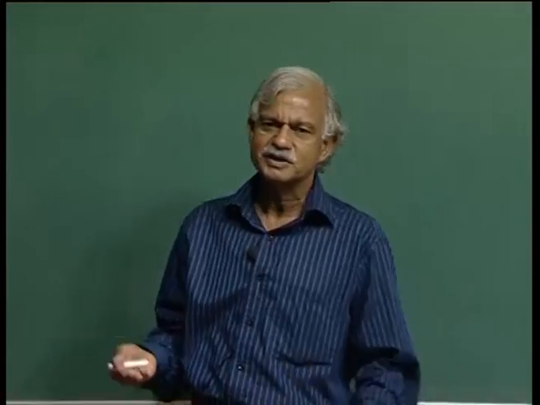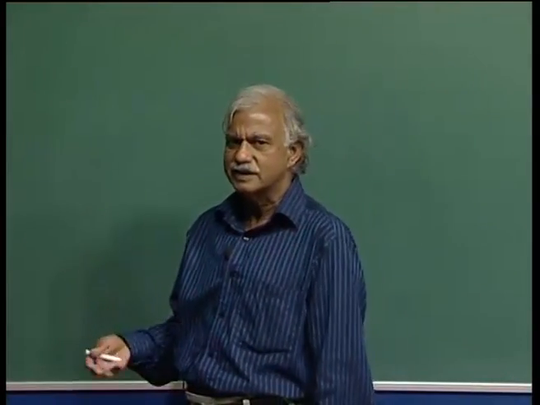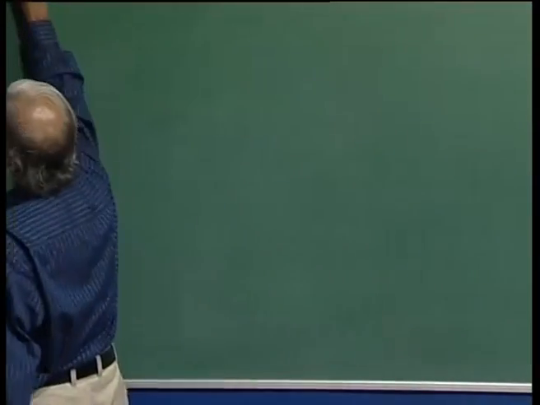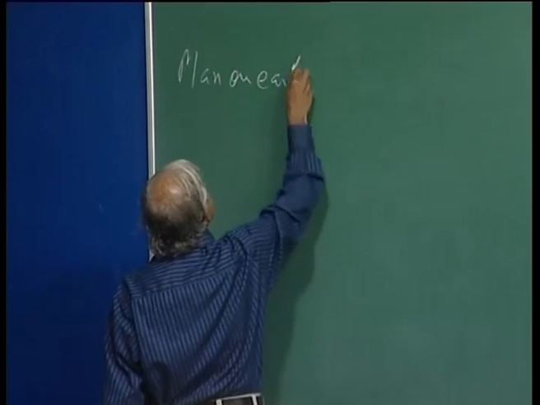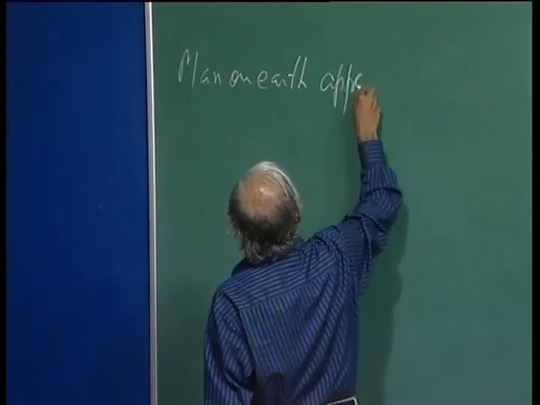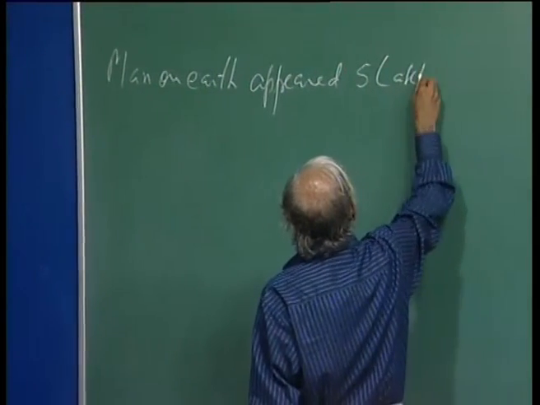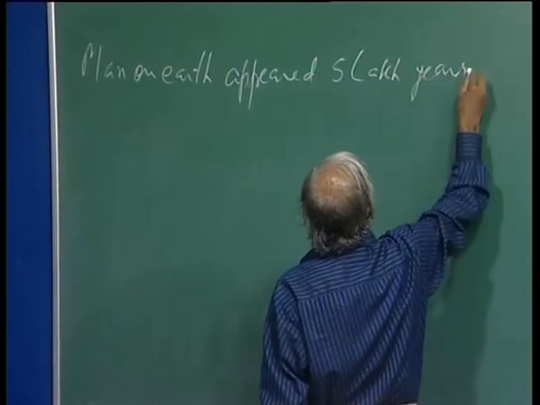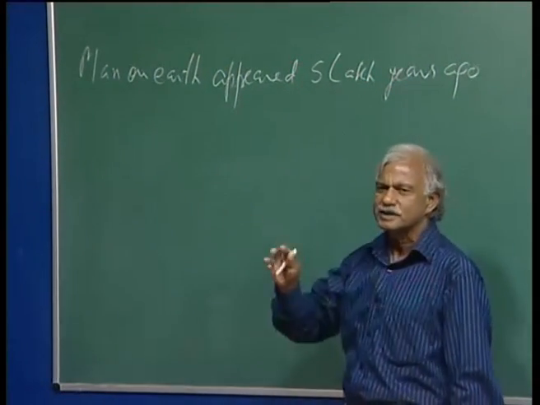Say nobody knows actually when did man first appear on this planet Earth, but let me assume, as the consensus is, that man on Earth appeared 5 lakh years ago. Here this 5 or 4 or 3, that is not important.